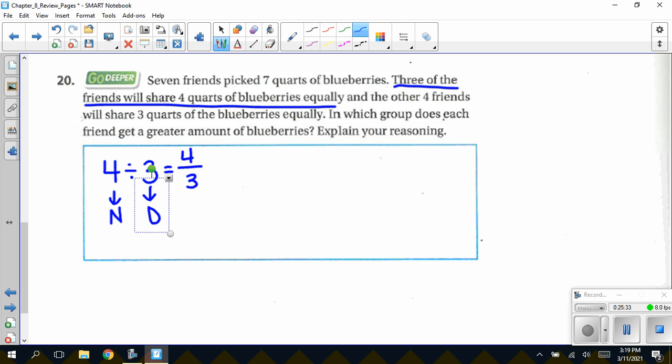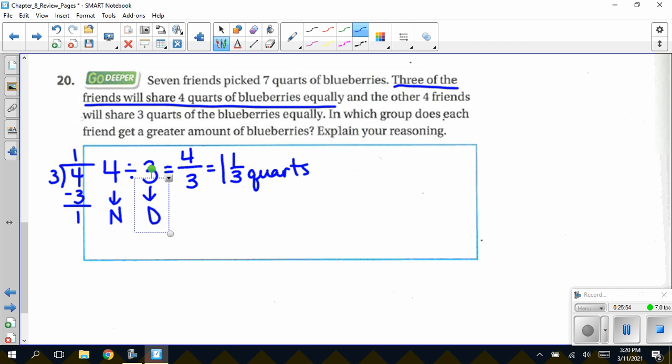I do have an improper fraction, so if I TIBO, I have 4 divided by 3. 3 goes into 4 one time. When I subtract, I now have 1 1/3 quarts per person. That's when I have 3 friends sharing.